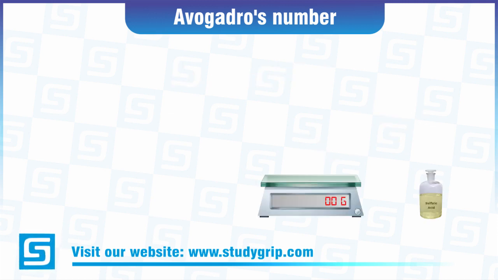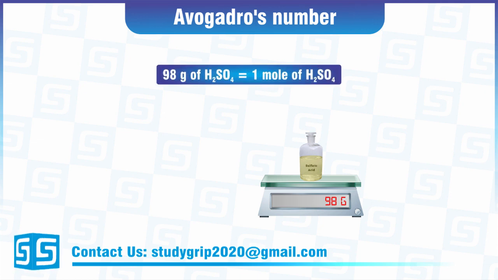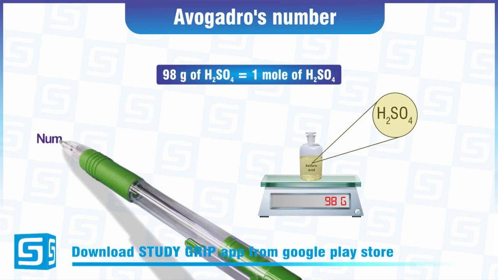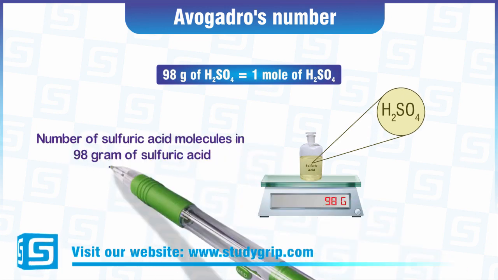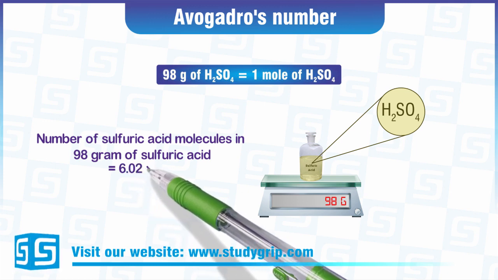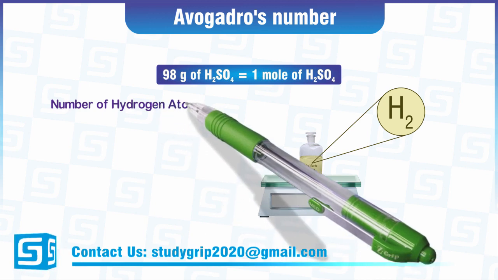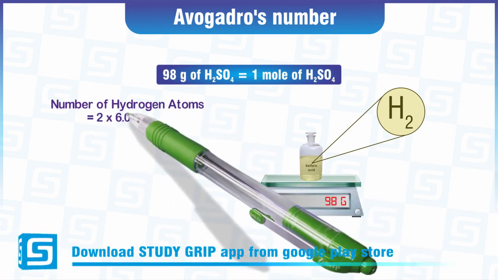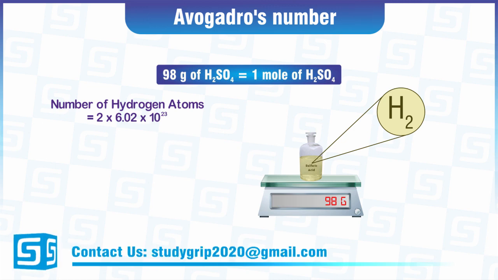Now, suppose we have 98 gram of sulfuric acid. 98 gram of sulfuric acid is equal to 1 mole of sulfuric acid. The number of sulfuric acid molecules in 98 gram of sulfuric acid is equal to 6.02 × 10^23. The number of hydrogen atoms is equal to 2 × 6.02 × 10^23, as 1 molecule of sulfuric acid contains 2 hydrogen atoms.